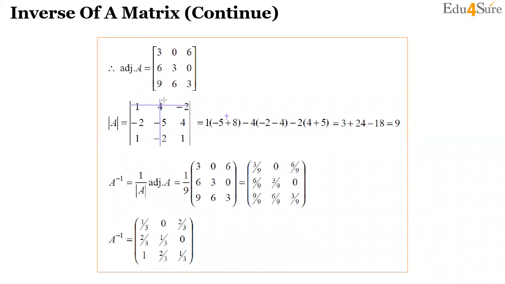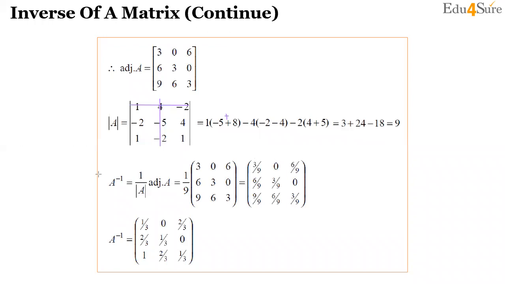Now with respect to minus 4, the element that you will get as a minor is this one. So minus 2 into 1 will be minus 2, minus 1 into 4 will become minus 4. Now as it is minus 2, that's why we are taking minus 2. If this plus operator or plus value was there, we could have taken plus. So in this way, you will get the determinant value.